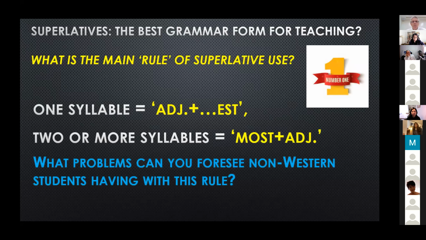Now, what kind of problems, especially non-Western students, might have with this rule? What do you think? Don't answer me, but think about it. Well, the problem is syllables. The idea of a syllable is not the same between English and many other languages, particularly non-Western languages. So Japanese students don't have a clear idea of what a syllable is in English.